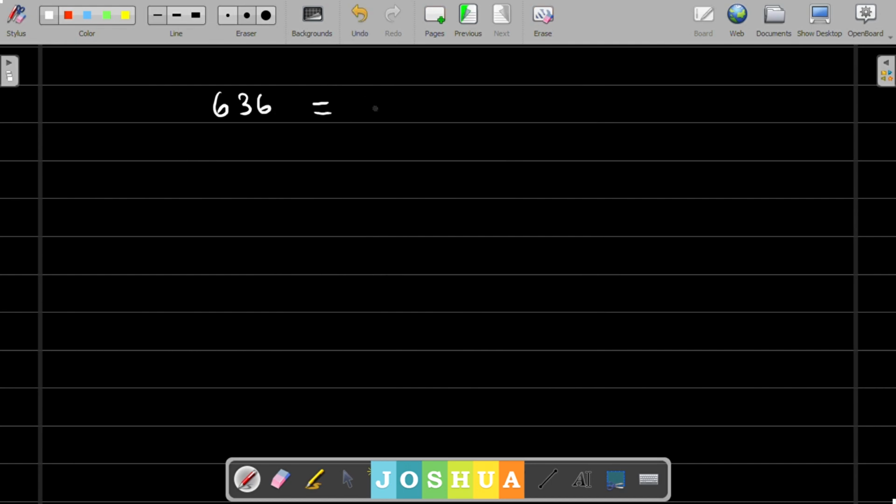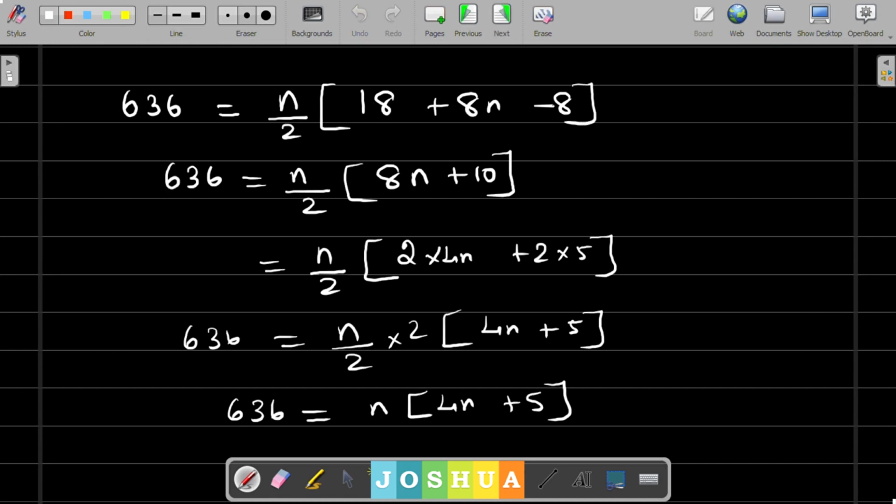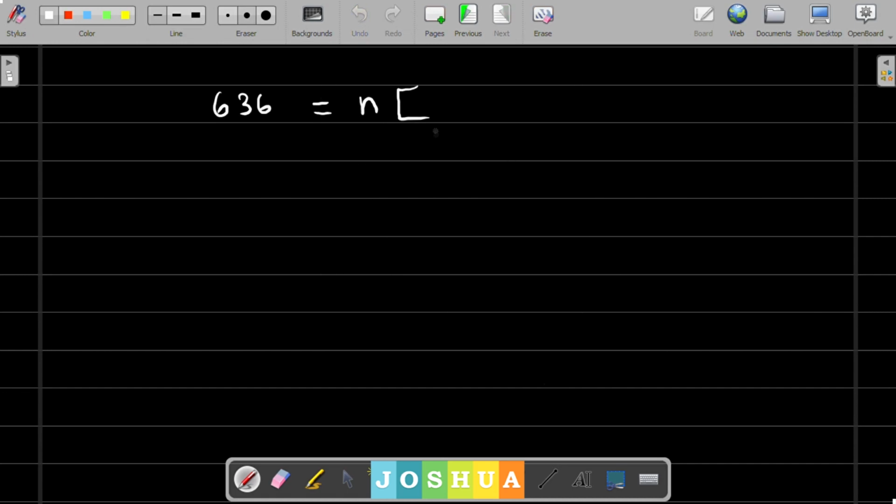636 is equal to n times the bracket 4n plus 5. Now I expand this: it is 4n square plus 5n, equal to 636.